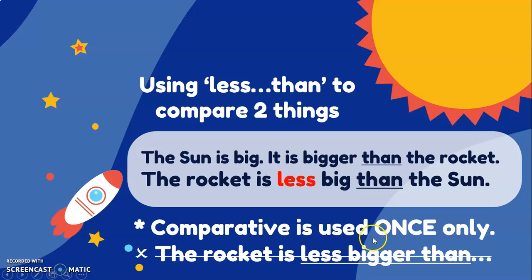So they tend to still use the word bigger, the comparative form. Remember, the comparative is used once only. So if you already add the word less here, you're doing the comparison. Then we no longer have to add er. Look here again. Whenever we add less, we just say less big. We use the original adjective.